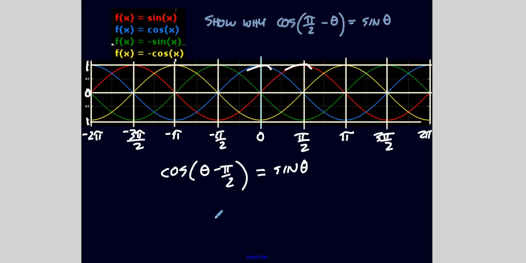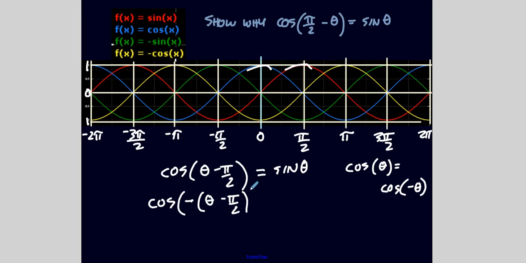Therefore, remember that cosine is even, so cosine of theta equals cosine of negative theta. So I can write that cosine of the negative of theta minus pi over 2 has to equal sine theta also.